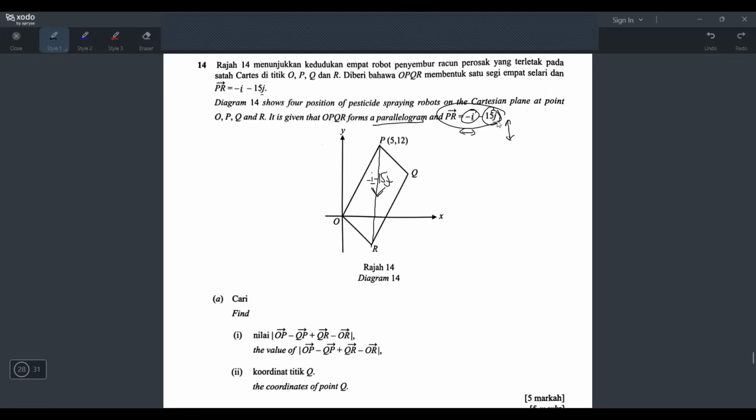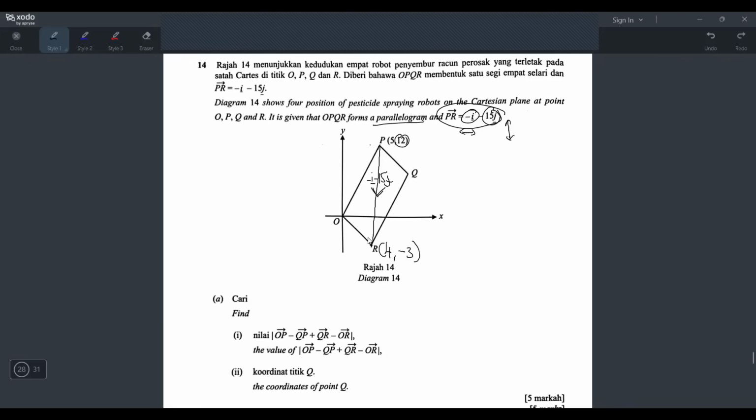So if I tell you negative i minus 15j, what does it mean? It means ke kiri 1, ke bawah 15. That's what it means. It's going to the left 1 kotak, and then it's going downwards 15. So imagine this is 5, 12. You go ke kiri 1. It means the x coordinate for point R is 4 lah. And then you go down 15, means you take 12 minus 15, which is negative 3.